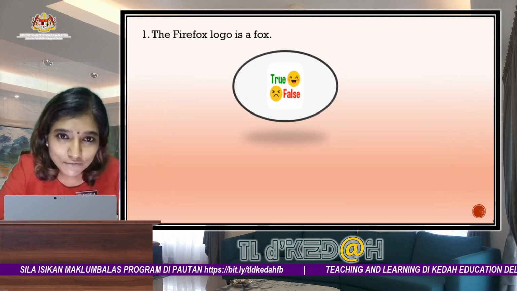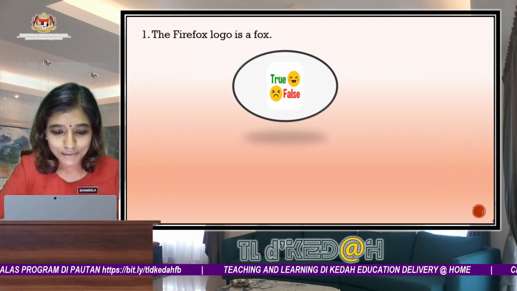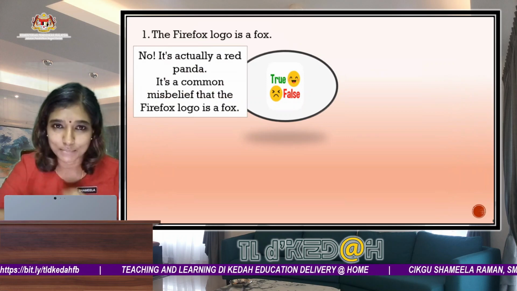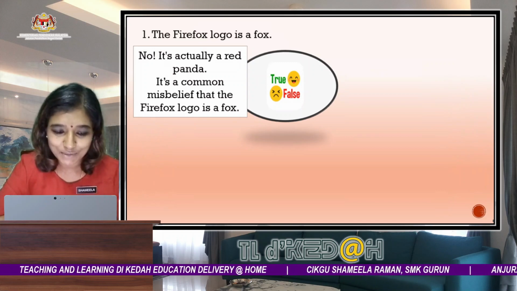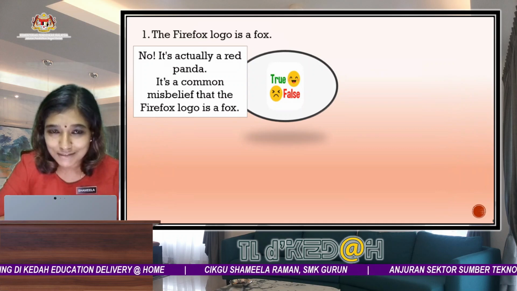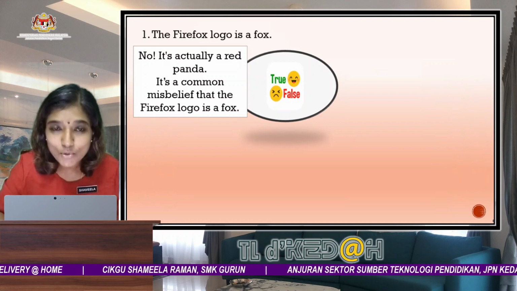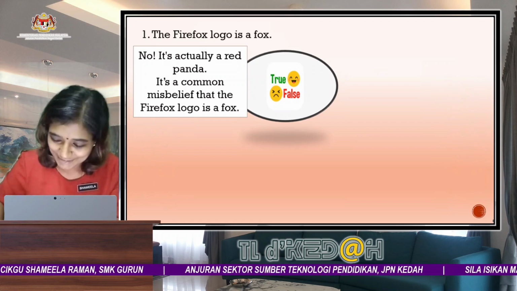That's why they call it Firefox. Do you agree? It's a fox. That's your opinion. Let's read to find the meaning. No, it's actually a red panda. They always wrongly believe that it's a fox. Red pandas exist. They're much smaller and more reddish brown in color. So you check out your icon this time.